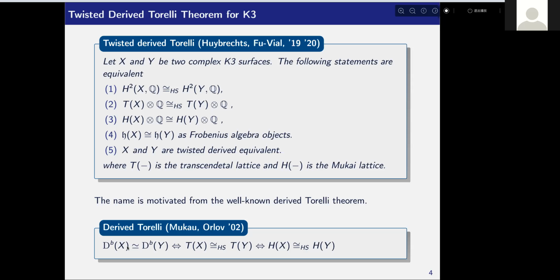Two K3 surfaces are derived equivalent if and only if their integral transcendental parts are Hodge isometric, and also their Mukai lattices are Hodge isometric. So integral Hodge isometry corresponds to derived equivalence, and the rational one corresponds to twisted derived equivalence. So the philosophy is this.